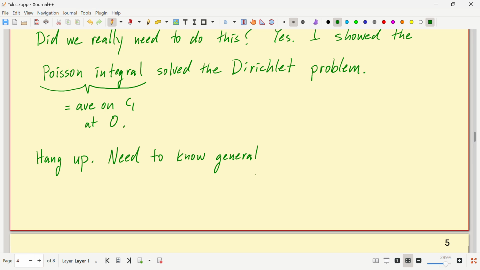So I need to know general harmonic functions, not just the ones that come from the Poisson integral, satisfy the averaging property to be able to show uniqueness.